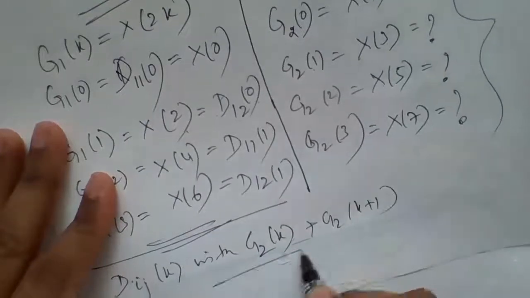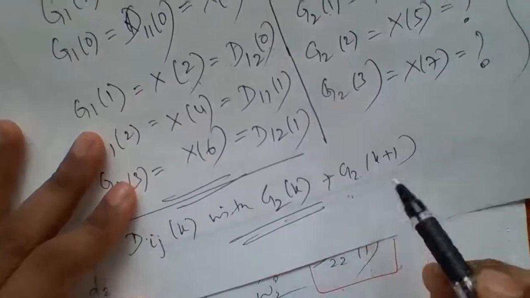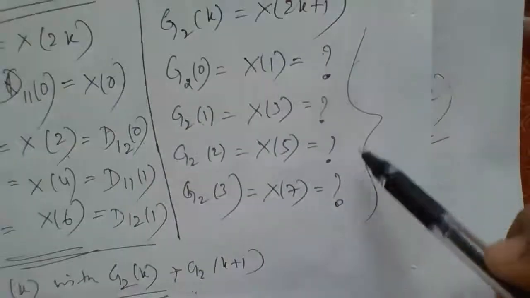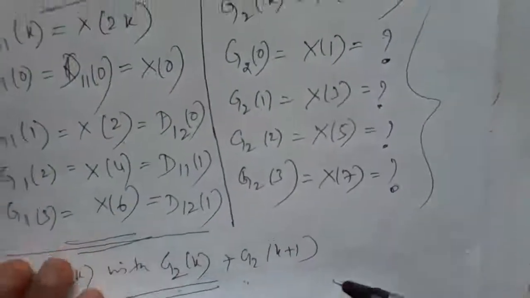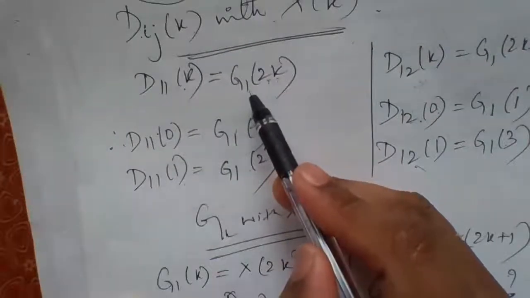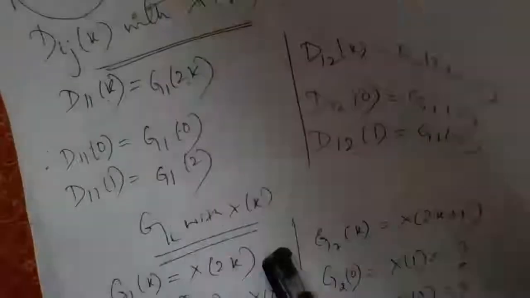Using this relation, you will get the equivalent values. Just substitute in the same format; the only thing is you will have to replace G1 with G2 here.